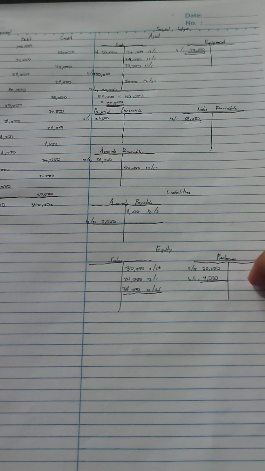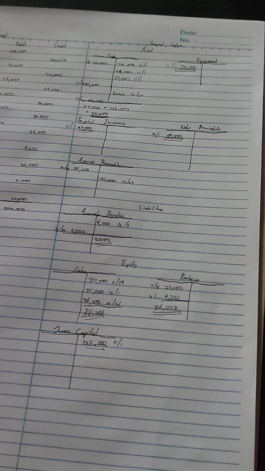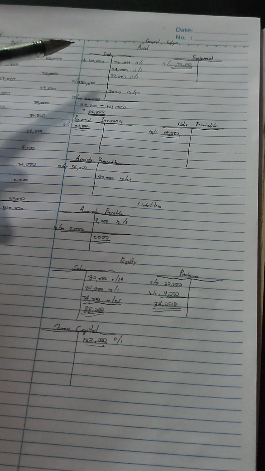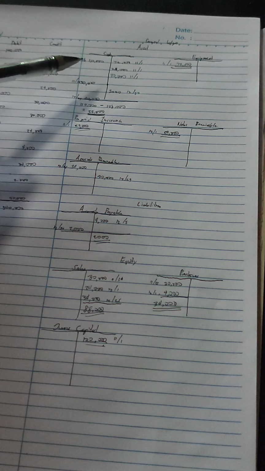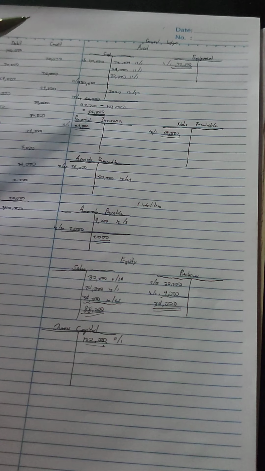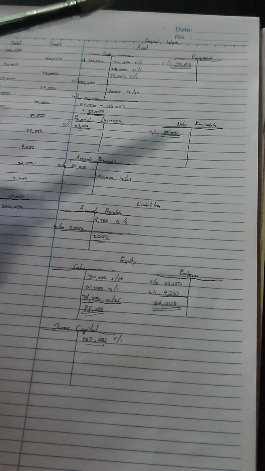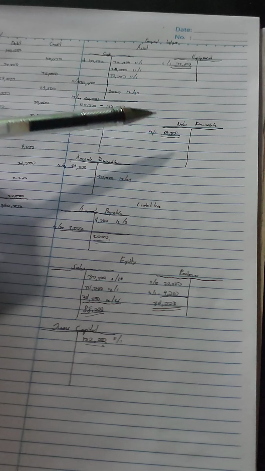So, fast forward. Okay, so na-compute na ako tanang balances. So, ang balance sa cash, 22,000 pesos. Equipment, 72,000 pesos. Prepaid insurance, 24,000 pesos. Notes receivable, 24,000 pesos.